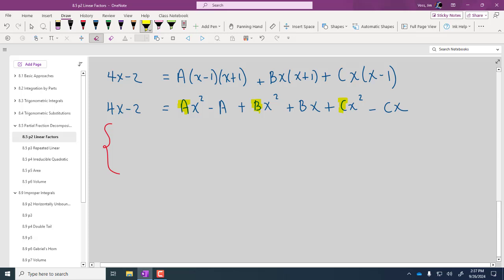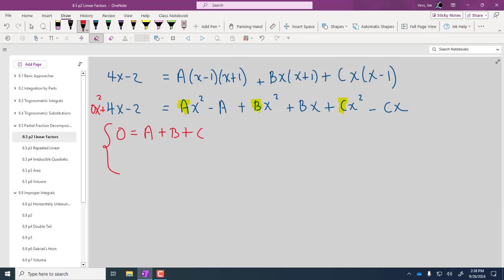You could do one intermediate step here and factor out the x squared, but you get it. What is the coefficient of x squared on the left? 0. If you want to, you can put a 0x squared in there. So that's a plus b plus c. The coefficient of x squared on the left has to match the coefficient of x squared on the right.